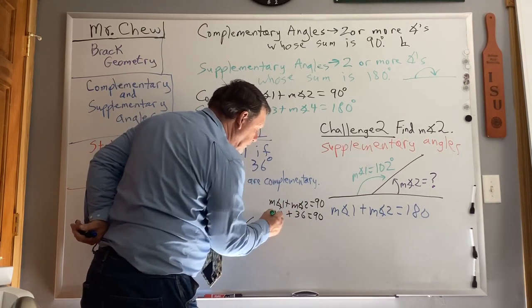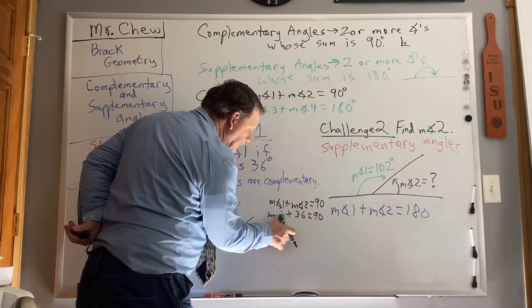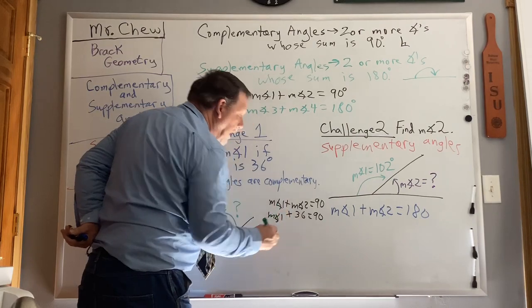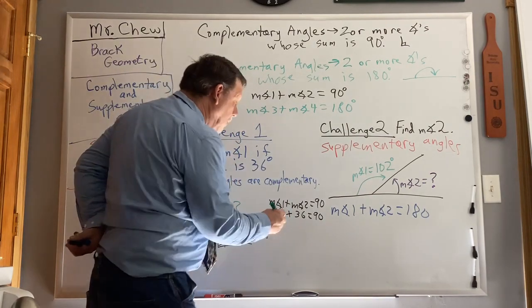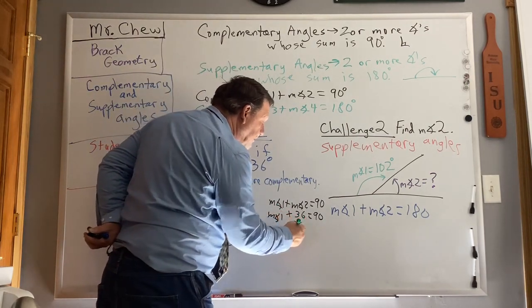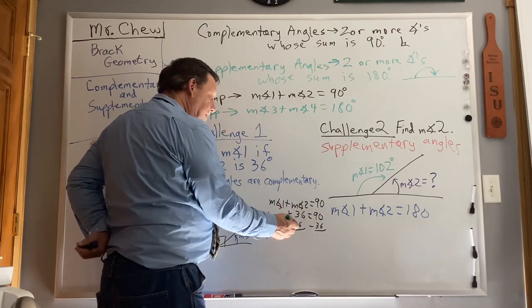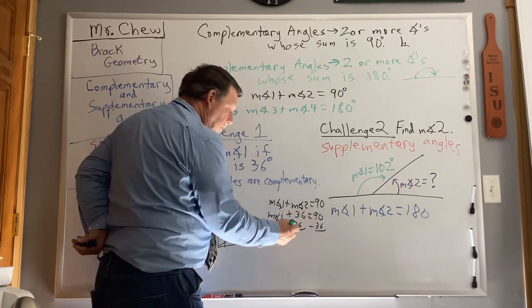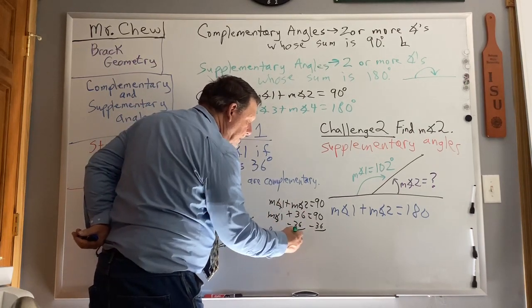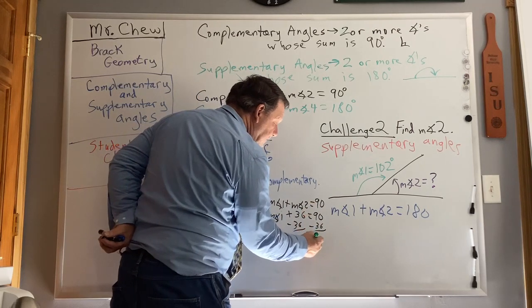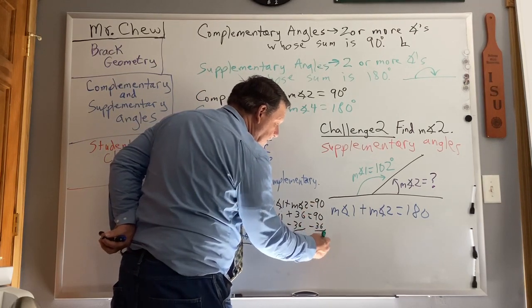Then I'm going to use my algebra properties, the subtraction property of equality, to subtract the 36 from the left, the 36 from the right. These cross out, and the measure of angle 1 plus 0 is the measure of angle 1. And 36 from 90 is 54 degrees.